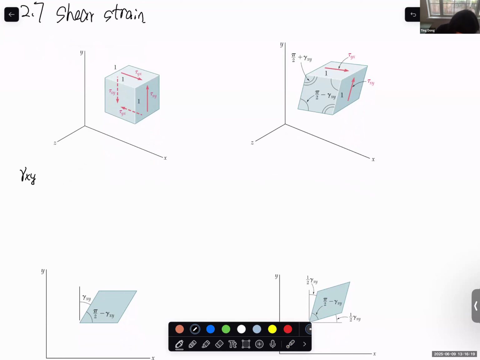That's gamma xy, and of course the same for xz and yz; the definition is very similar. For gamma xy, it's a reduction of the interior angle formed by two faces oriented toward the positive x and y directions.